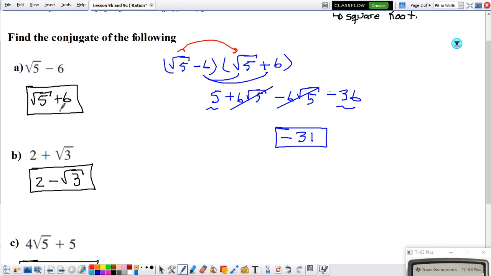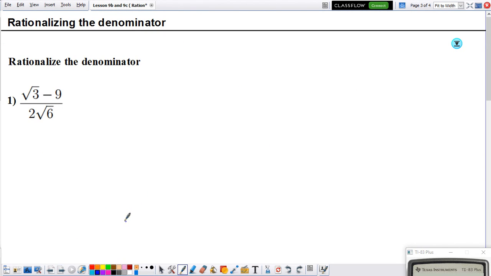I'm not going to do this for all the examples here, but I want you to notice that every time we multiply an expression times its conjugate, the square root will always cancel out. So that's why the conjugate is important. But now, let's talk about the main idea for today, which is rationalizing the denominator.